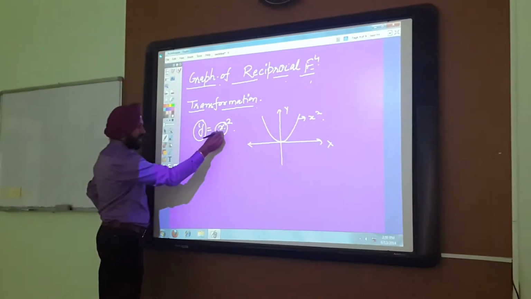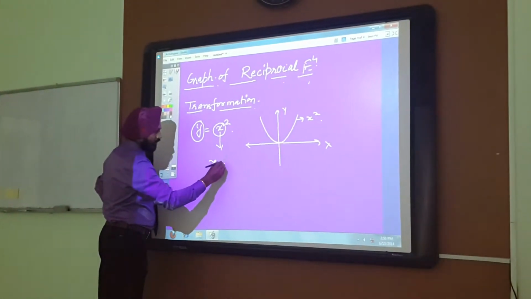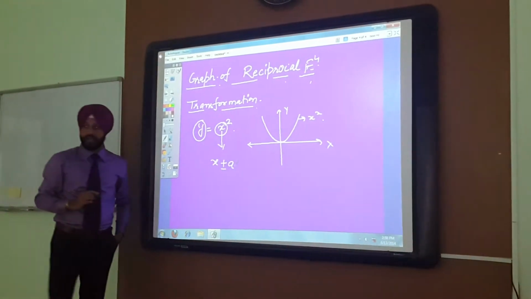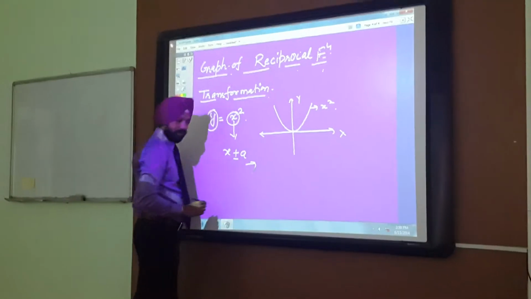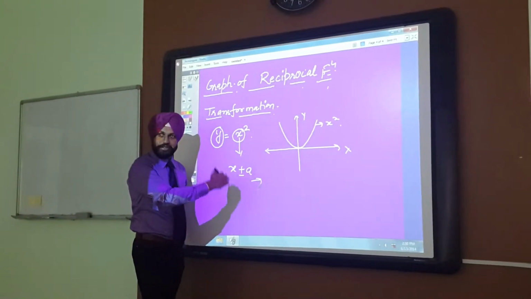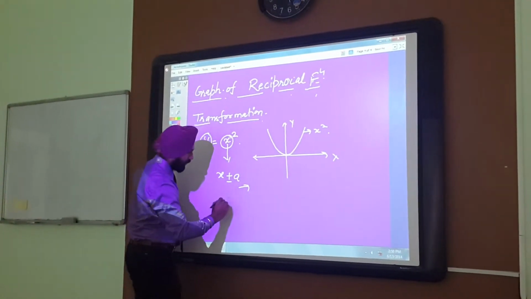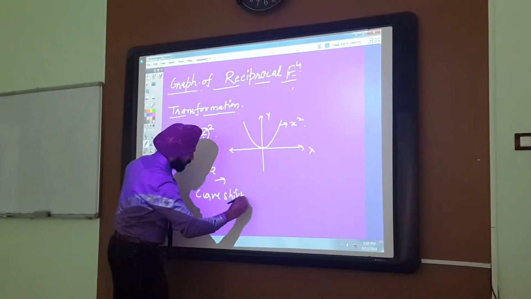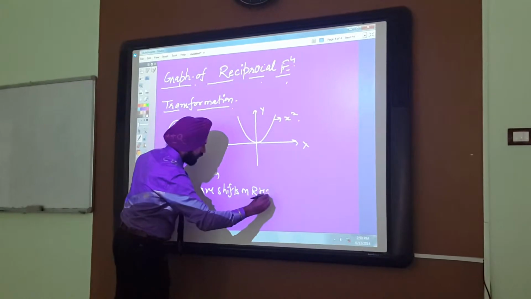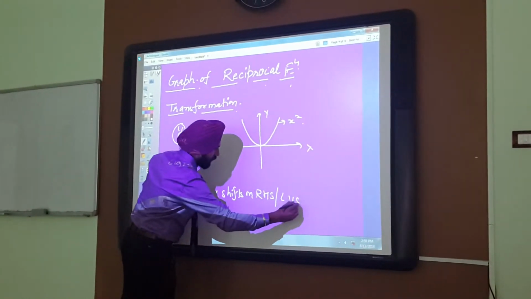So if you change x, let x plus minus a, okay, so it is called lateral shift. What is called? Lateral shift. Means the curve will shift on right side or left hand side.